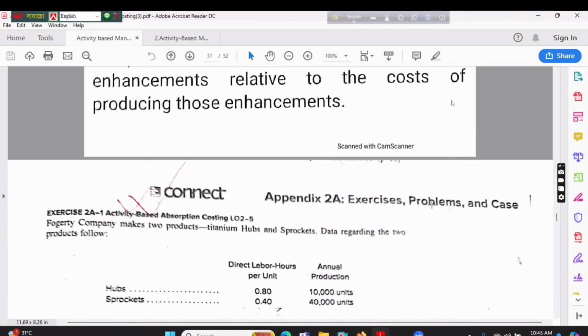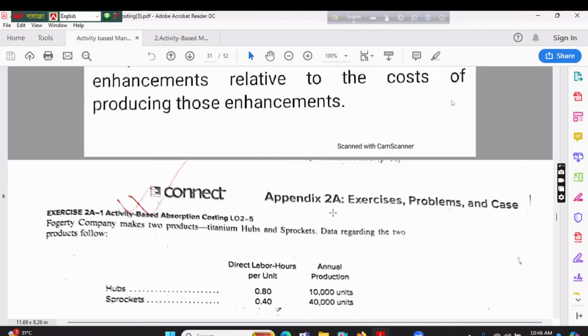Appendix 2, exercise problems and case. This is from the 16th edition, but I am following the 15th edition. In the 15th edition, you will find this as Appendix 3, that means Chapter 3.